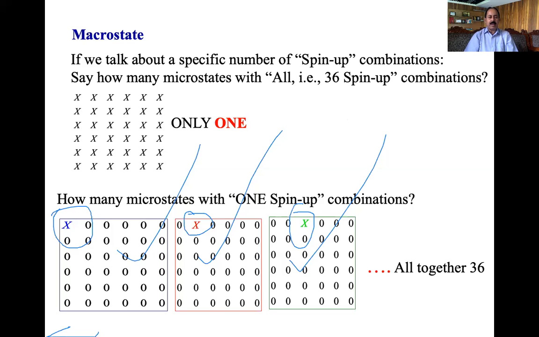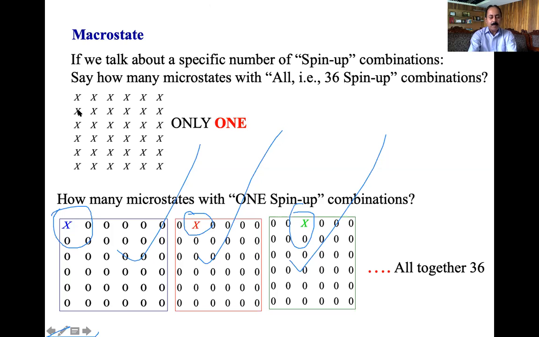So we see that out of 6.9 times 10 to the 10 microstates, 36 microstates are of such type which contain only one spin up. Then we will say that these 36 microstates form a macrostate.